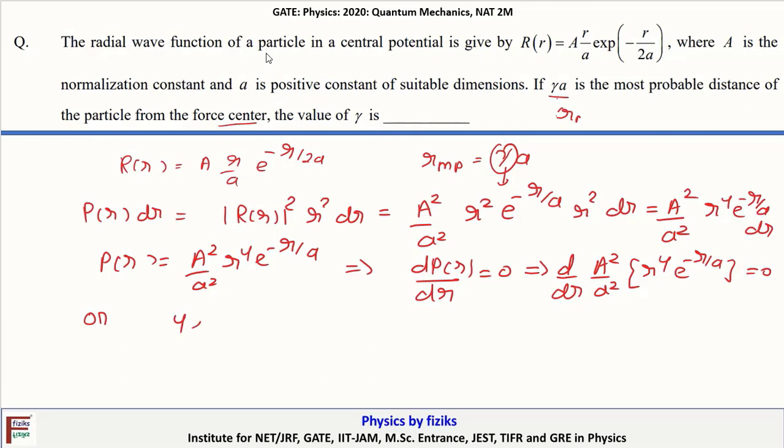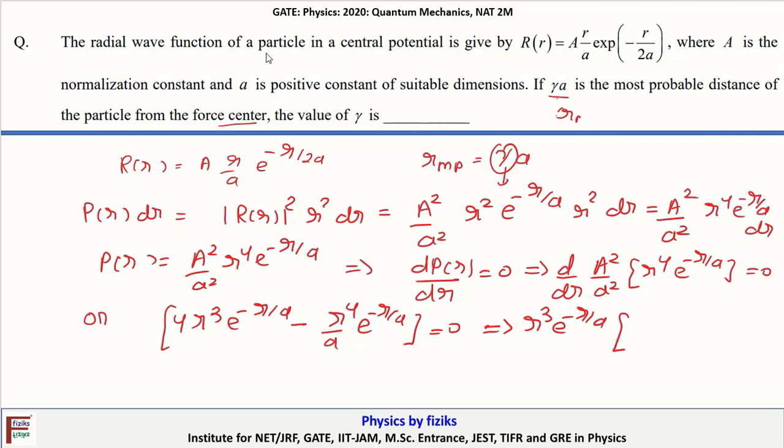We would have 4r cube e to the power minus r by a minus r to the power 4 by a e to the power minus r by a is equal to 0. This implies we can take r cube e to the power minus r by a outside, and we would have 4 minus r by a equal to 0.